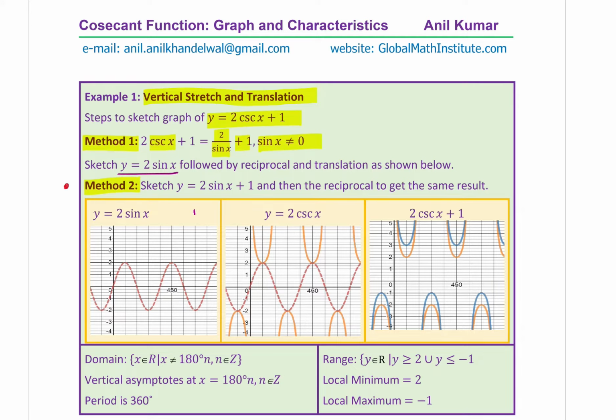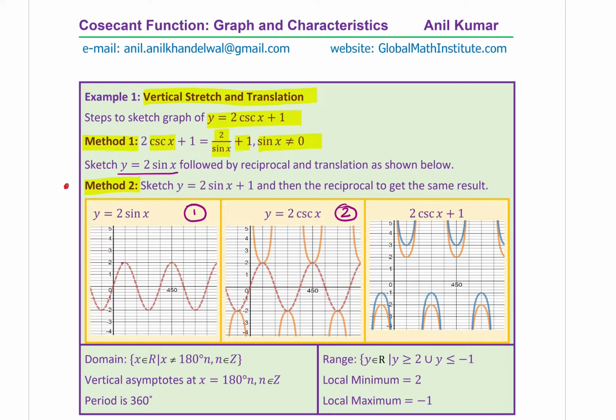That is step number 1. As you can see, we have sketched the graph of y equals 2 sine x, correct? Once you sketch it, you can take the reciprocal of this to get the graph of 2 cosecant x.